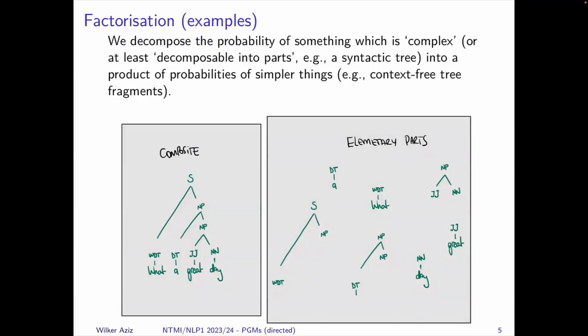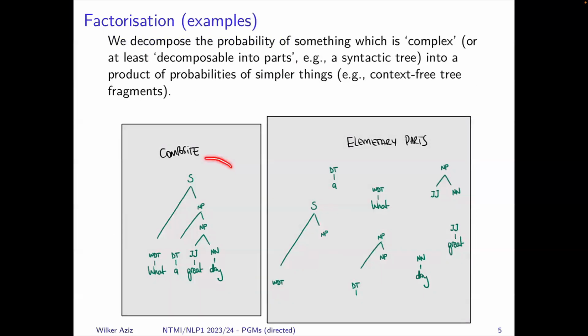So we decompose the probability of something which is complex. And by complex, let's say it's at least decomposable into parts. And of course, the vocabulary of parts is kind of a parameter of this algorithm. You're going to have to decide what the parts are. We decompose into a product of probabilities of simpler things.